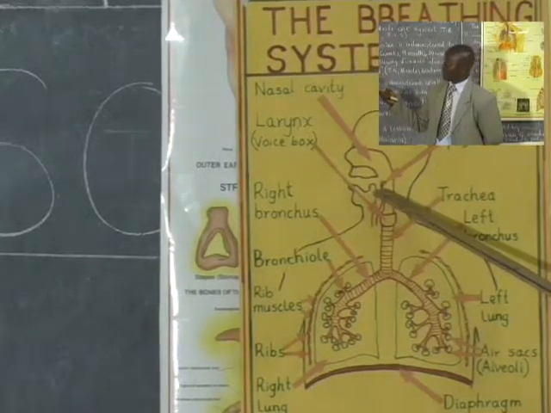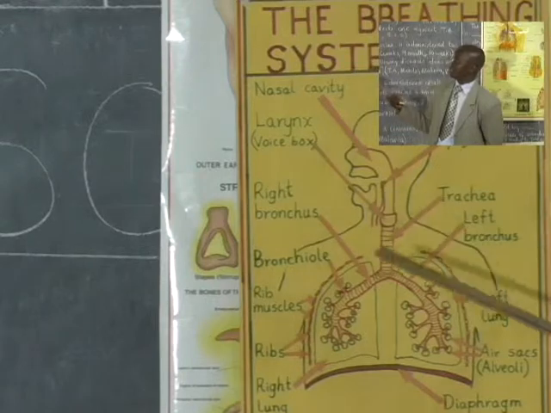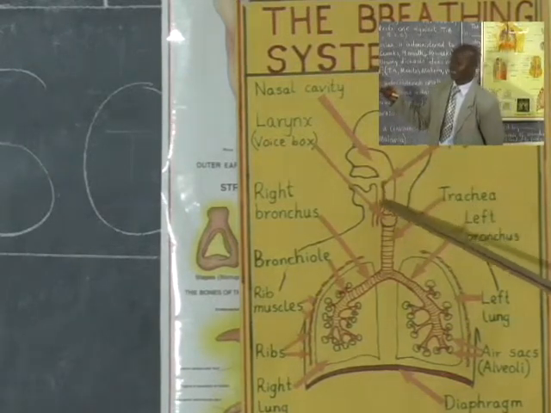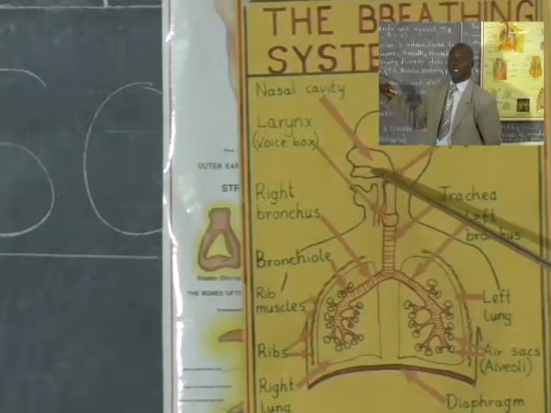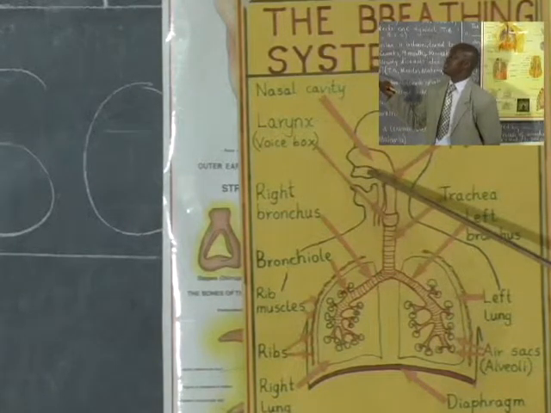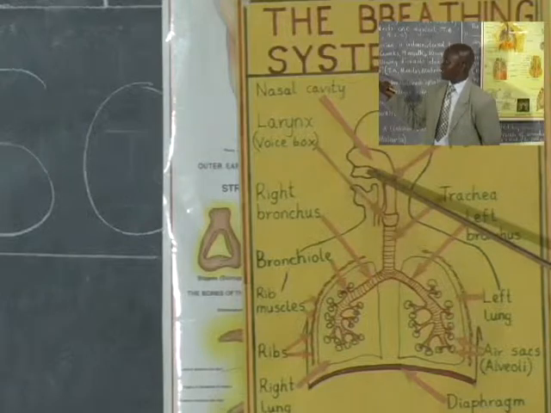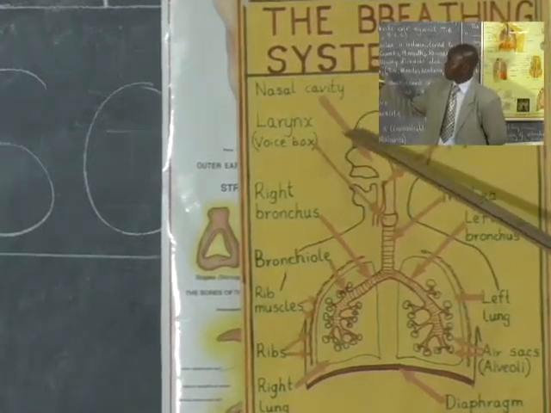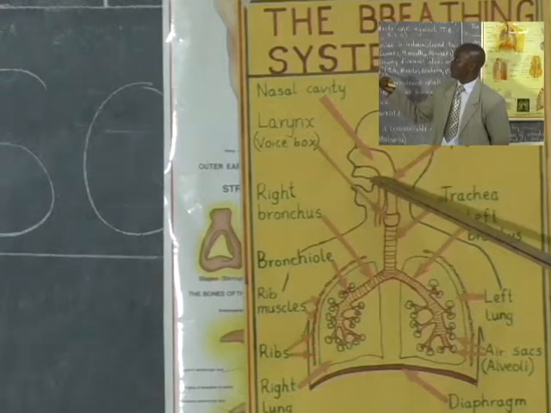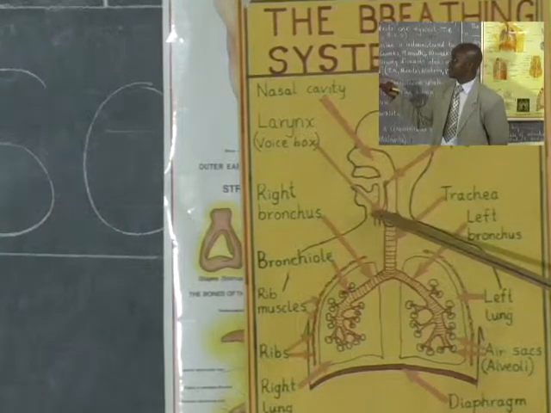A section of it, carbon dioxide, like we had learned initially as well, 0.03%. A section of it, water vapor, is 1%. And a section of it being rare gases, that is 1% as well. All that 100% is taken into the body of the human being through the nasal cavity.